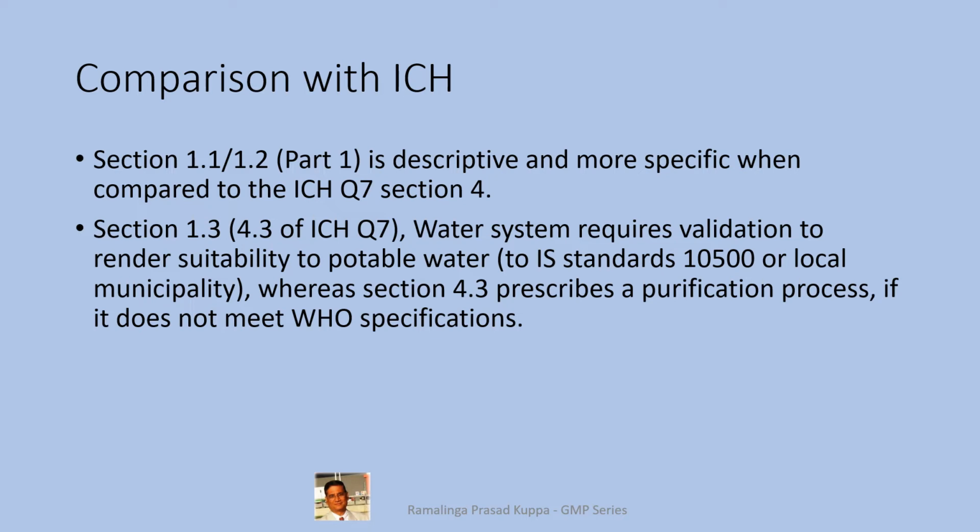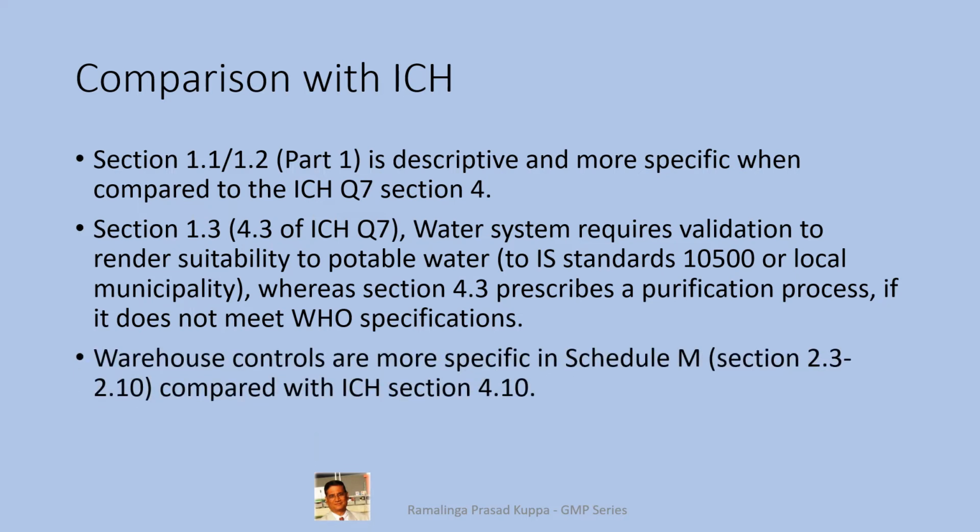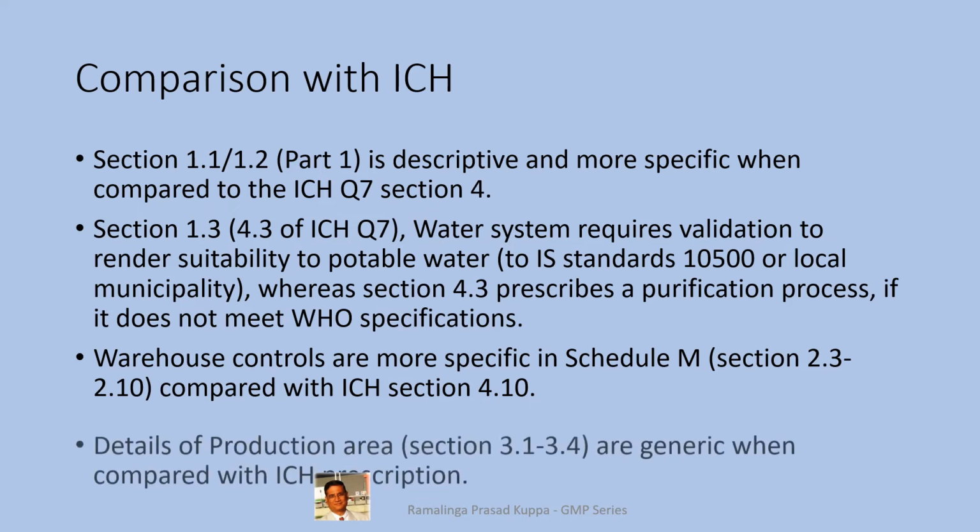However, it is necessary to establish the quality of water equivalence to that of the WHO water quality. Both specifications look alike with some minor variations. Warehouse controls are more specific in Schedule M, Section 2.3 to 2.10 compared with ICH Section 4.10.